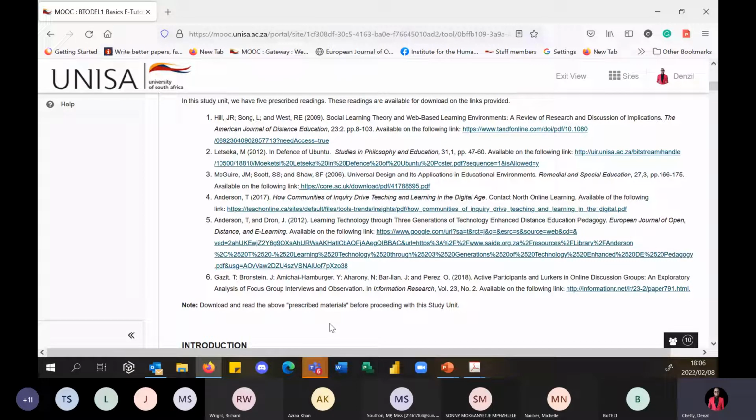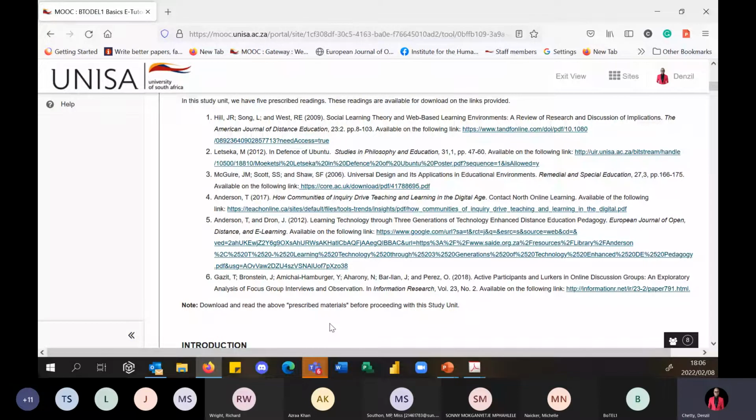We look at an article by Terry Anderson on how communities of inquiry are formed in online environments. Remember, communities of inquiry means students form part of a network. Then we also look at Anderson and Dron's learning technologies through the 3 generations. You would have recalled that in the previous units we looked at the idea of 3 generations of pedagogy. In this reading, we look at the 3 generations of technology matching those pedagogies. And the last article focuses on some key insights into online participation and lurkers.